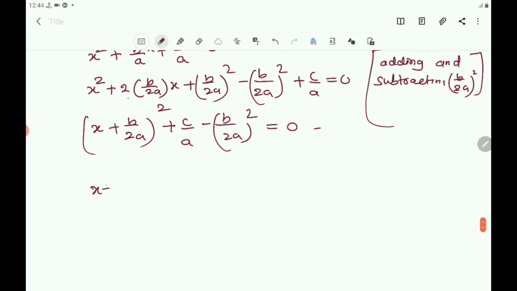Then it is x plus b by 2a whole square plus c by a minus b square by 4a square equals 0.